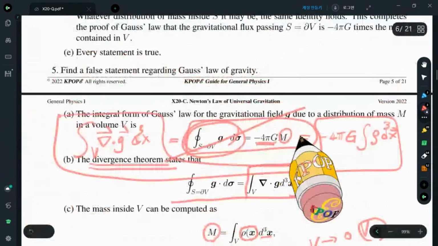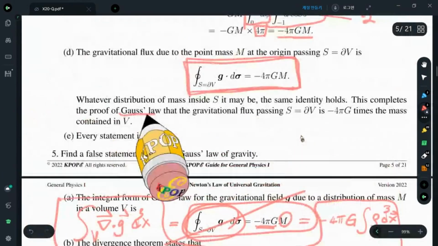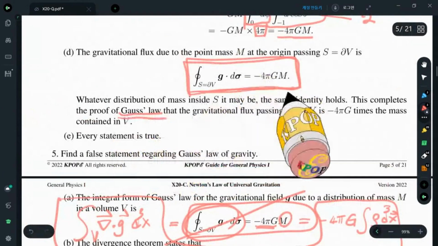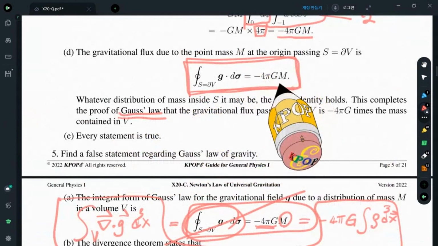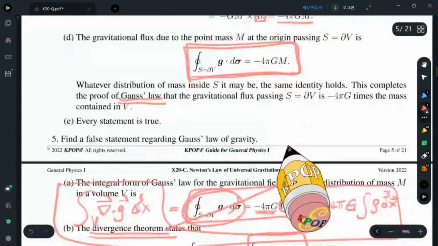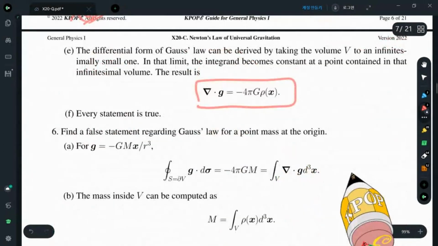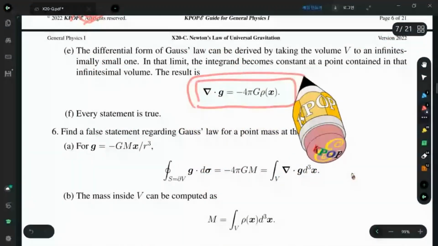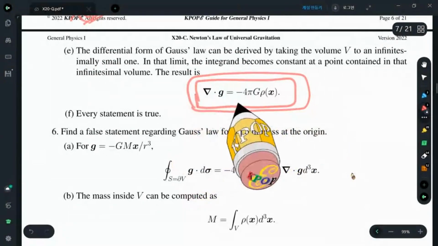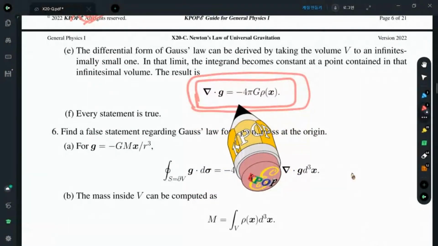Actually, the integral form of the Gauss law is what we use frequently next semester when we learn electrostatics. Finally, we end up with the differential form of the Gauss law.